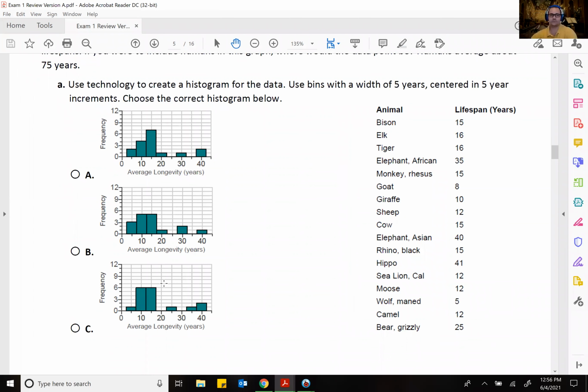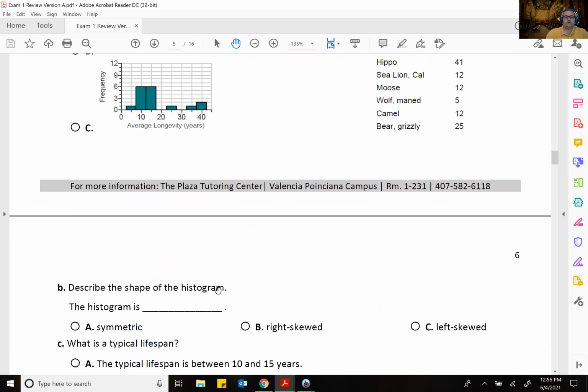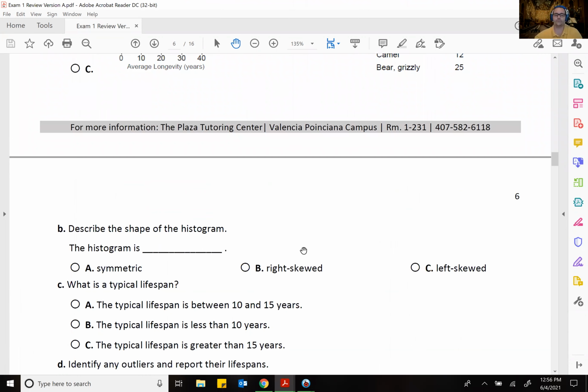Good. Which question are we on? We are on number 10. Part A is C. Now the question is, describe the shape of the histogram. So what would you think the shape of this histogram is?